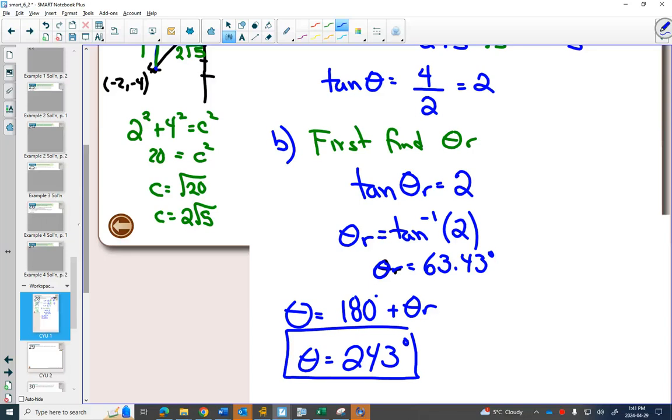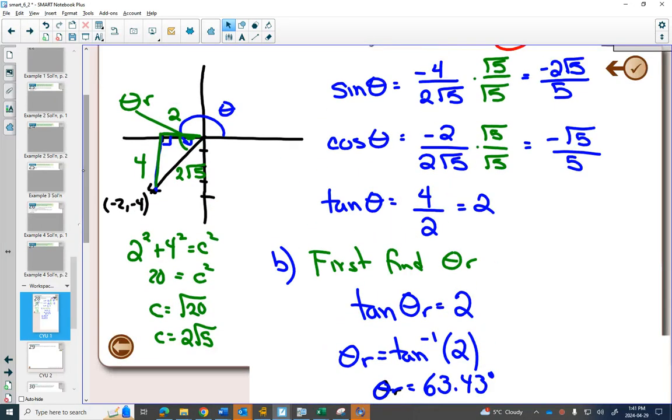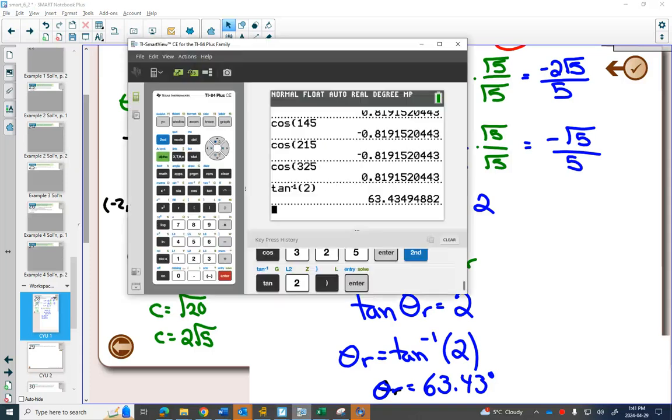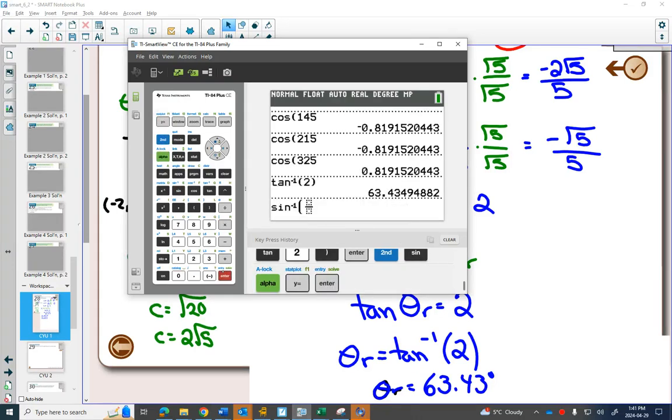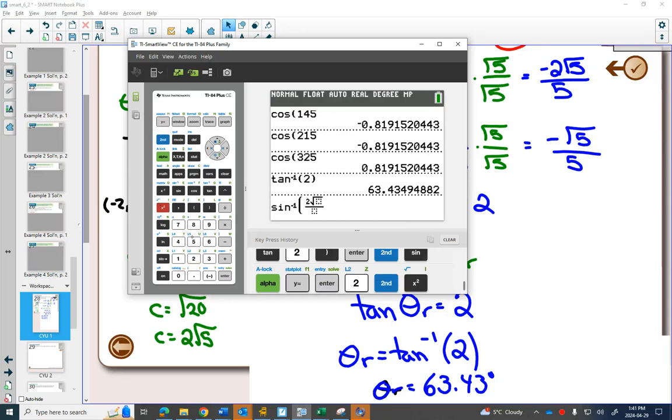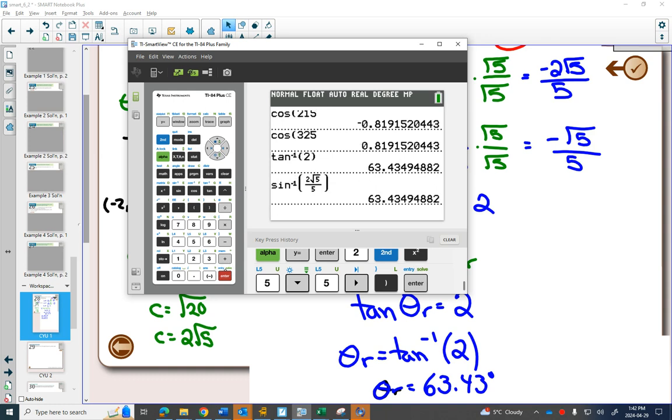Now, if you started off with your sine being negative 2 root 5 over 5, and you went to your calculator, if you're finding a reference angle, you go sine inverse, but always the positive. So I would write positive 2 square root of 5 over 5. And notice that I get the exact same reference angle as if I used tangent or cosine.